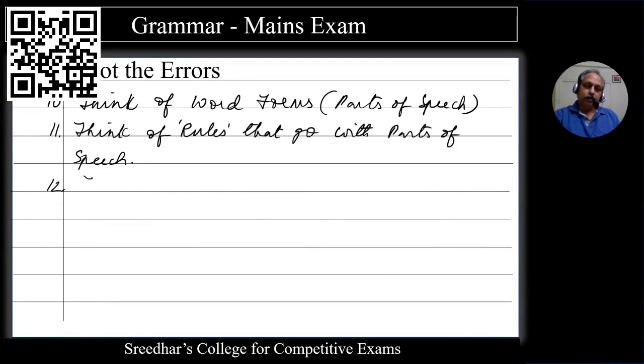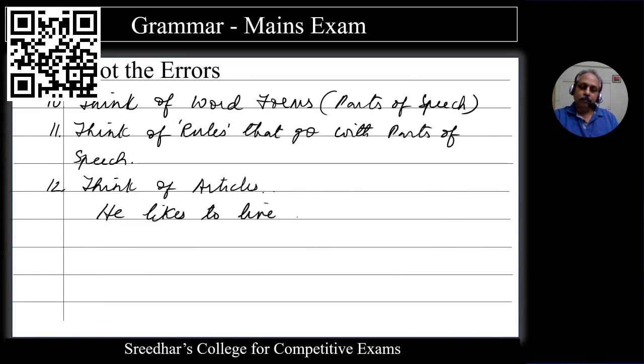Next one, think of articles. If you could not spot the error after trying out, then think of articles, rules related to articles. For example, he likes to live in an European city.